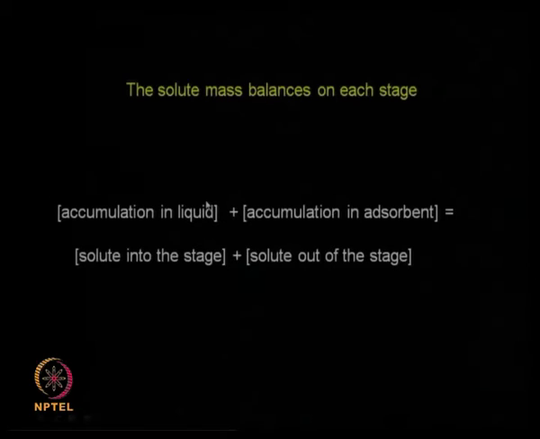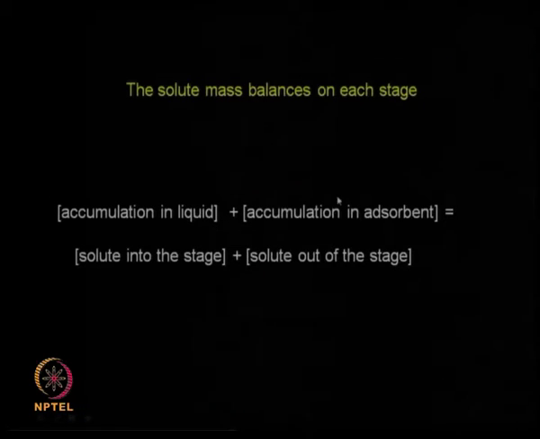So there is accumulation in the liquid plus accumulation in the adsorbent, and then whatever is in and whatever is out. Obviously you should have a negative term for what goes out.